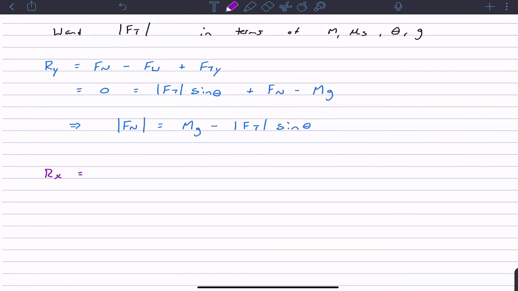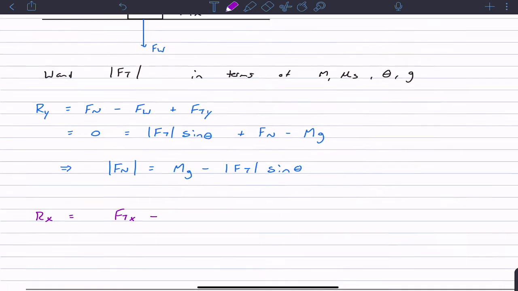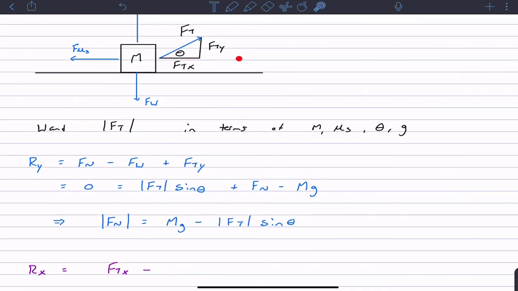We want to know what the tension force is just when it starts moving. So we want this thing to be in equilibrium, and then we're going to break that equilibrium by increasing the tension force. So I'll show you what I mean. We have our tension force in the x direction, going in the positive direction this way.